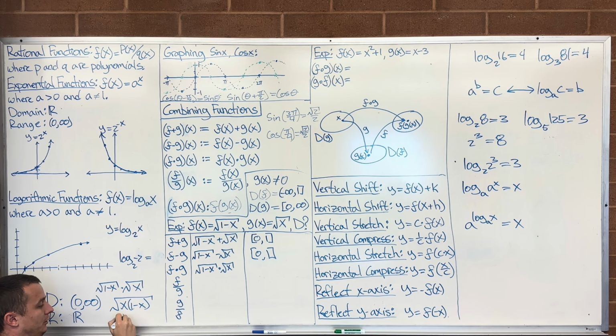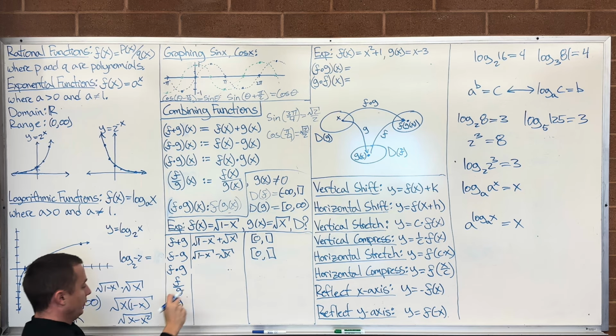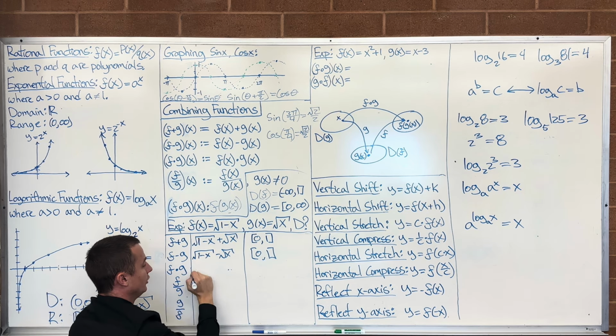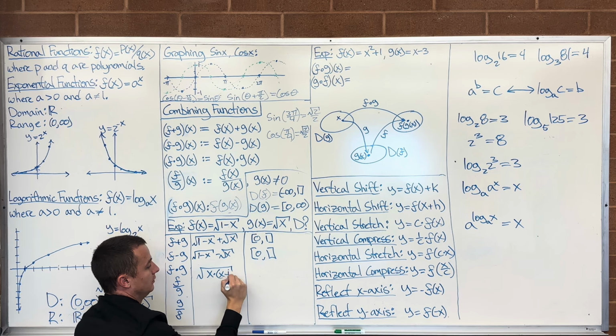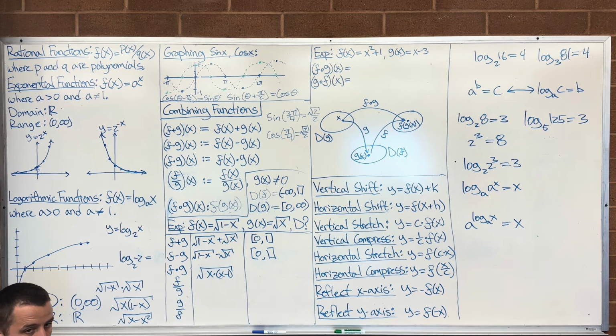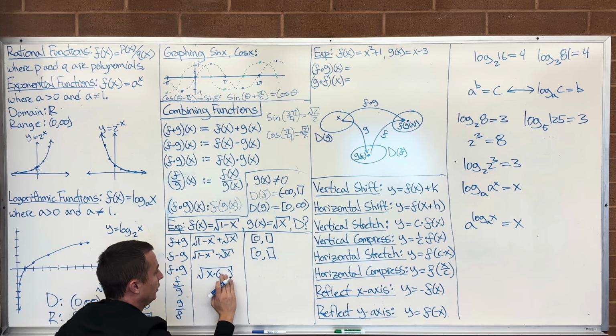Or you can say the square root of x minus x squared if you want. So this is just the square root of x times 1 minus x. Did I write it wrong? Thank you, 1 minus x.